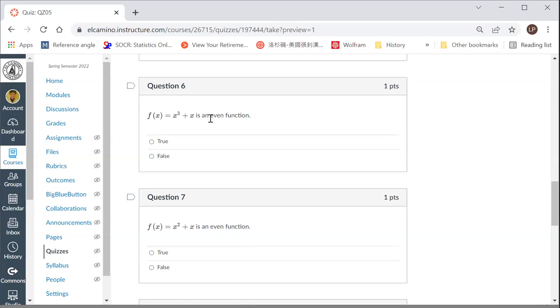Is x cubed plus x an even function? The answer is false. How do we do that? Let me go back.